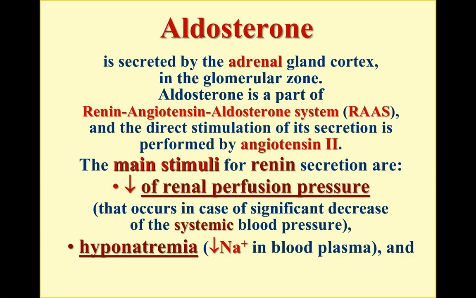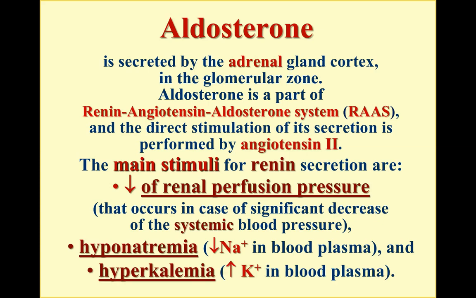Then another stimulus is hyponatremia, decreased sodium level in blood plasma, and increased potassium level in blood plasma. These two factors can be easily remembered if you remember that the final factor of the system, aldosterone, increases sodium and decreases potassium. So it's logical that the initial stimulating factors to activate the system as a whole are opposite to the effects of the system.